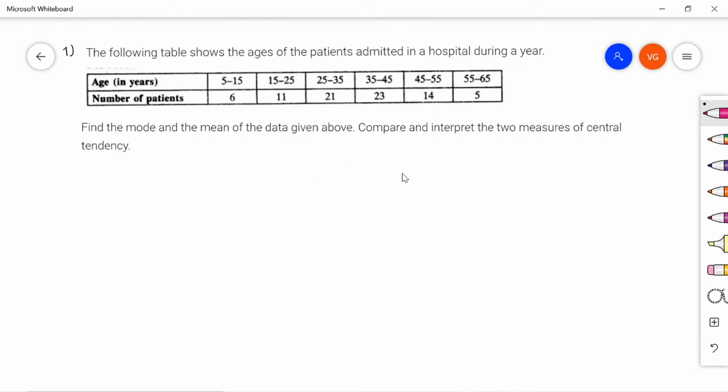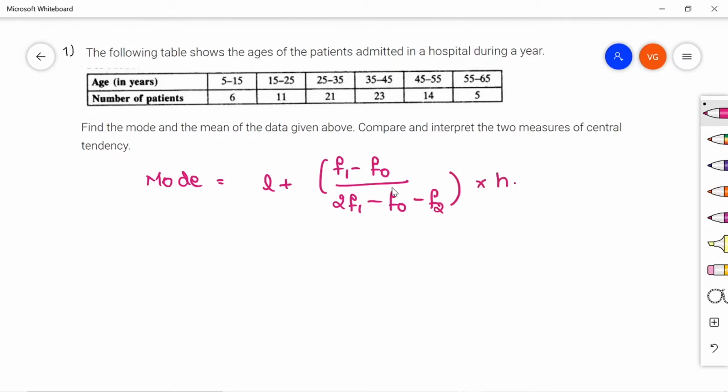So let us start solving with the mode. We know the formula for mode. Mode is given by L plus (F1 minus F0) divided by (2F1 minus F0 minus F2) into H. First we have to find out the modal class.